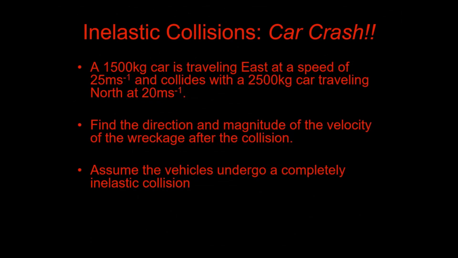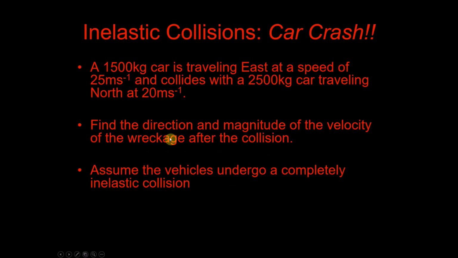If we look at an inelastic case, let's take a look at a car crash. So in this particular case, we have a 1500 kilogram car, and this car is traveling east at a speed of 25 meters per second and colliding with a 2500 kilogram car traveling north at 20 meters per second.